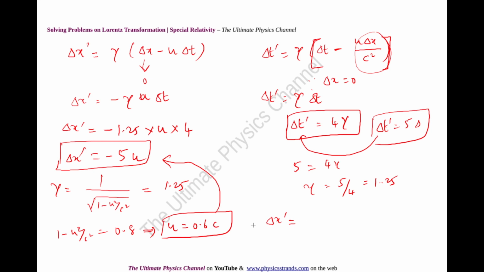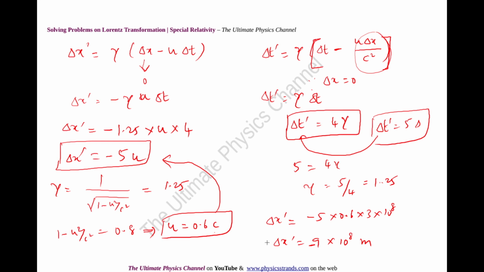Because c is 3 into 10 power 8, it is minus 5 into 0.6 into 3 into 10 power 8. So del x prime therefore is going to be equal to 9 into 10 power 8 meters, with the negative sign.